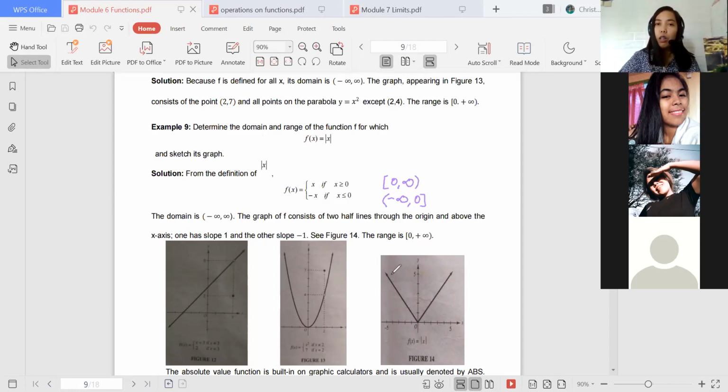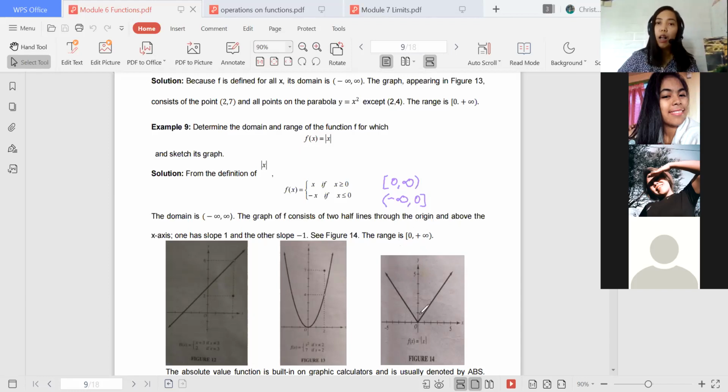For absolute value, the range is always 0 to positive infinity. Why? Because when we get the absolute value of negative numbers, or of rational numbers, the answer is still positive. So it means that the lowest value that we can have for y is 0.